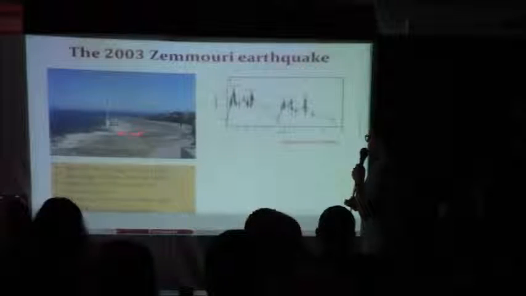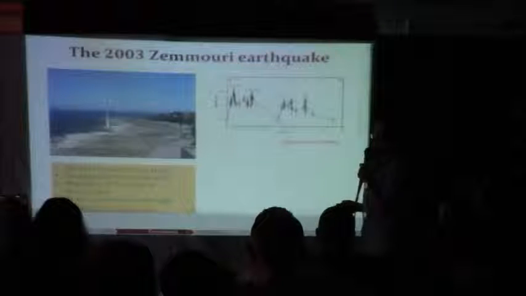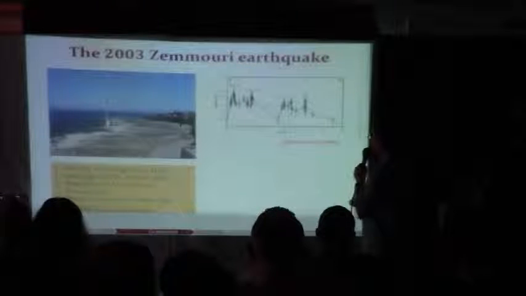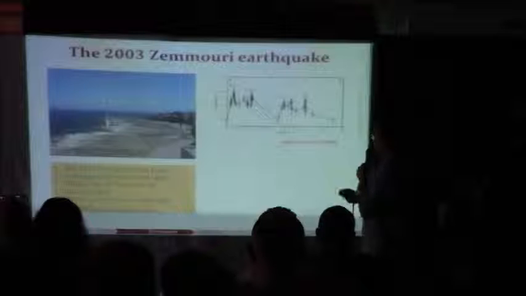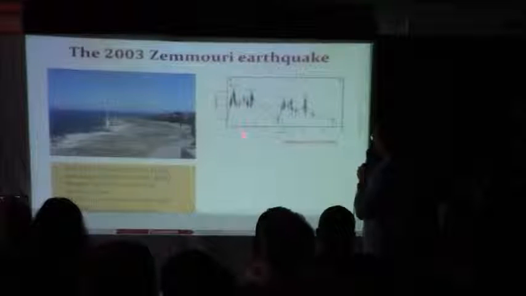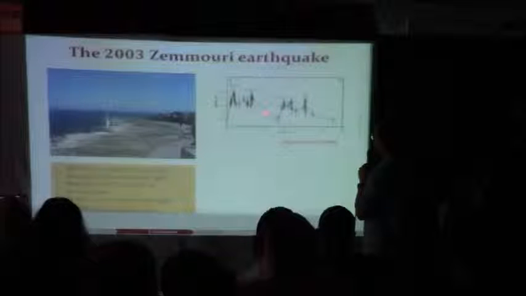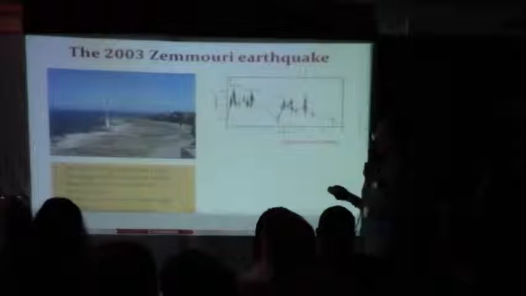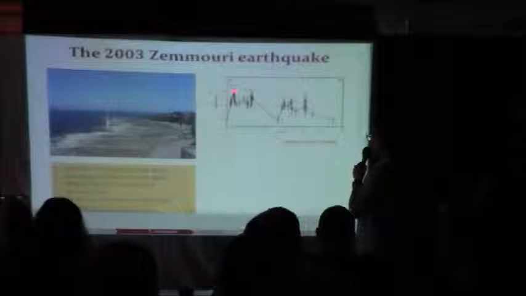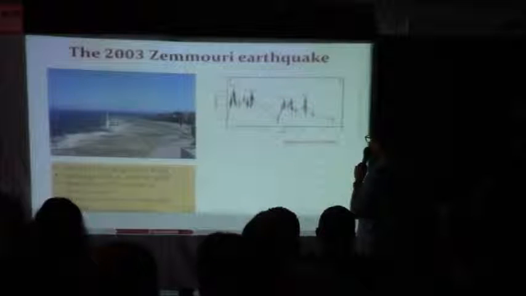Here you see a picture of the coastal uplift after the earthquake. Coastal uplift measurements have been made, and in this figure you see them. So we had two distinct, mostly uplifted regions, one in Boumerdès and the other one in Cap Djinet.